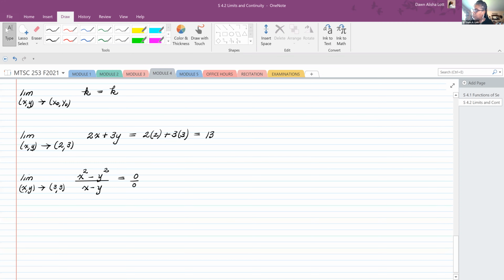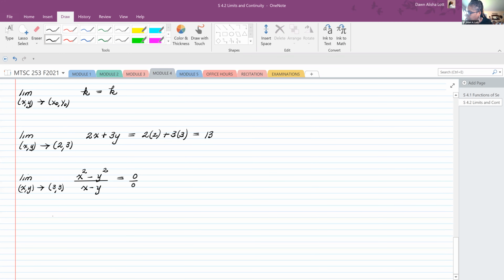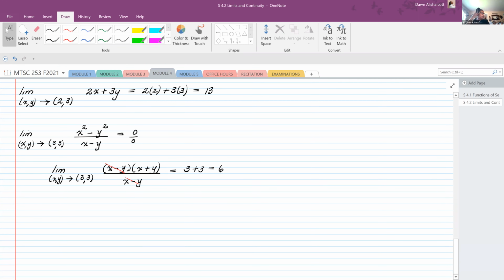So I can do some more work with that. I can take this as x minus y times x plus y, all over x minus y. I can divide out this. And so then I just get 3 plus 3, which is 6. Okay, so just like we did limits before.